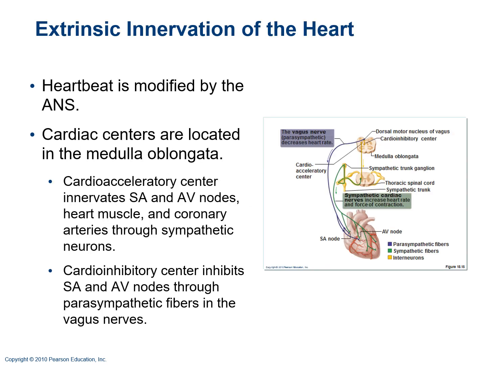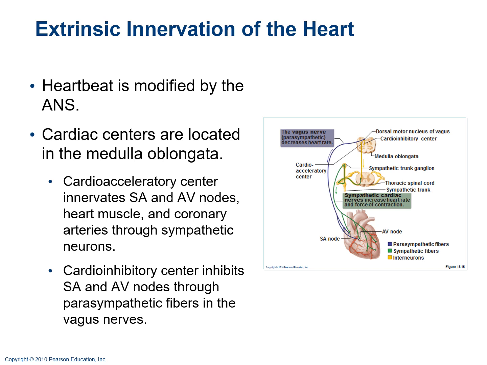There's also extrinsic innervation of the heart, right? The heart has its own intrinsic system that self-regulates it. However, we know when you get nervous, when you get excited, when you're sad, right, the heart rate will change. So there's outside innervation. The heartbeat is modified by the autonomic nervous system.